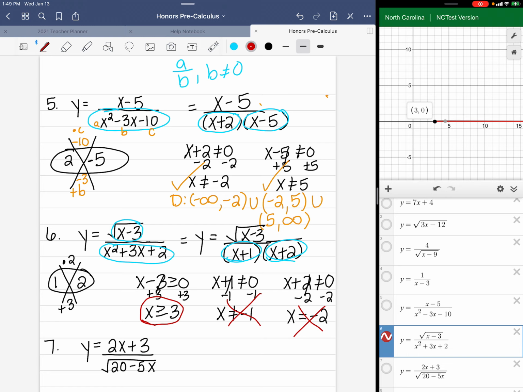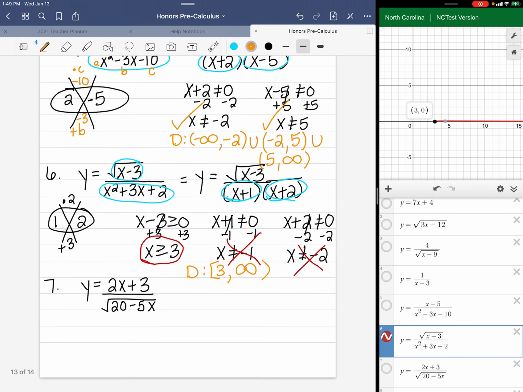Because x can't equal -1 if it has to be greater than or equal to 3. x can't equal -2 if it has to be greater than or equal to 3. So my domain for this one is going to be a bracket, because it does equal 3. I don't get it undefined. So [3, infinity).